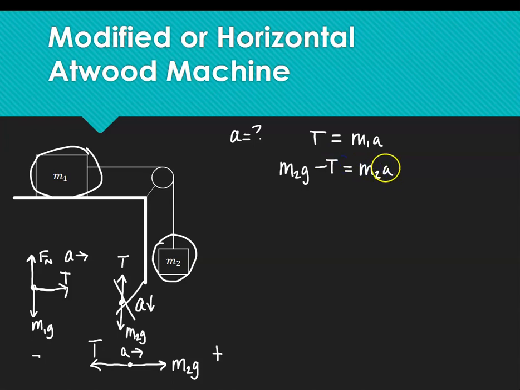Now again, I have two unknowns, but my accelerations again are going to be the same. My tensions are the same, just opposite direction. So two unknowns, two equations. I can either use the substitution or systems of equations method, and I can just add my equations together.